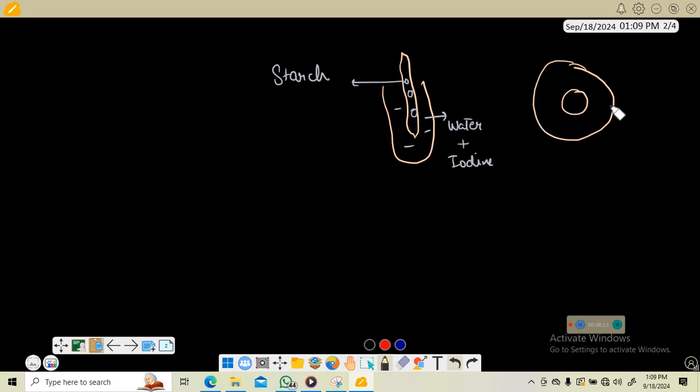If I draw this diagram in terms of diffusion, it will be like this.